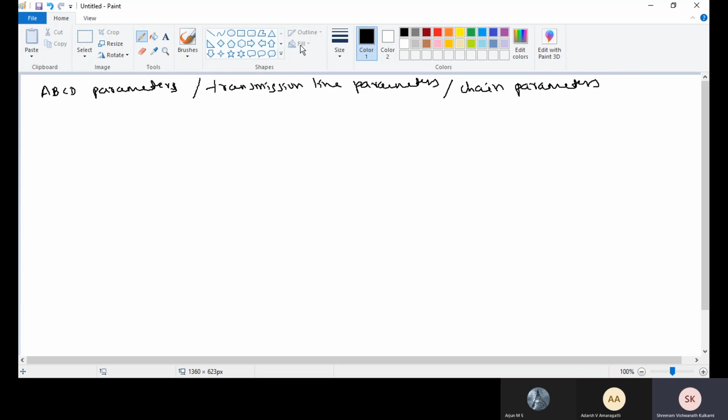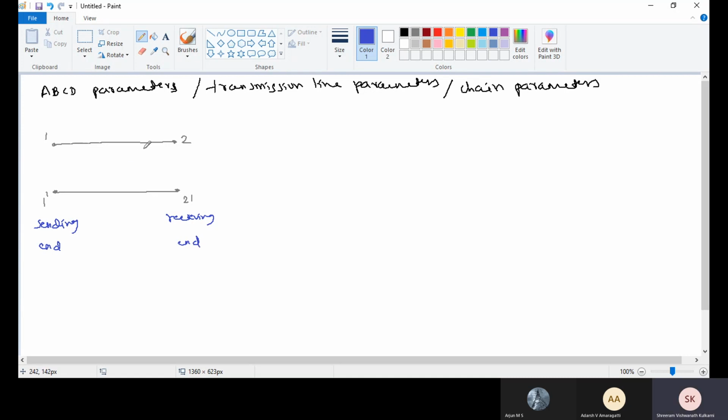Okay, now simply, how are the transmission parameters derived? Now, this is one transmission line having sending end 1 dash, receiving end 2 dash. This is the sending end, this is the receiving end.